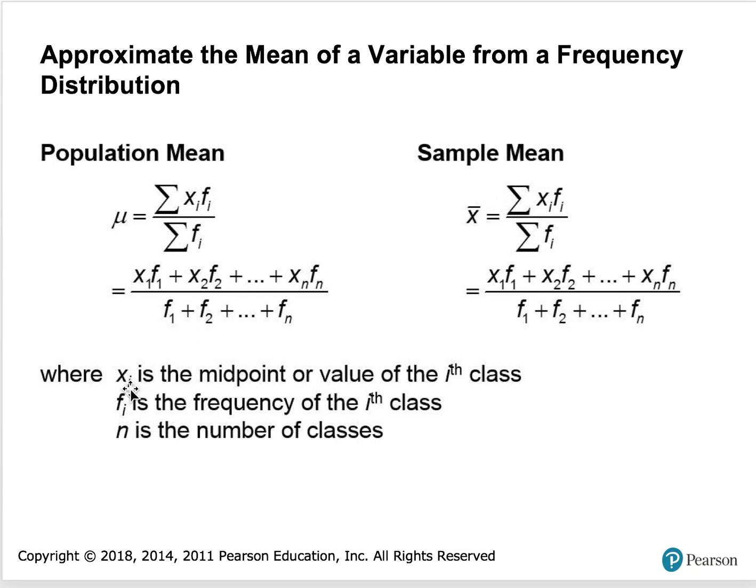And x sub i is the midpoint of each class, right? f sub i is the frequency of that class. So we just multiply the midpoint times the frequency, and then add up the frequencies. So it's still the same as adding up all of your values and then dividing by how many you have, right?